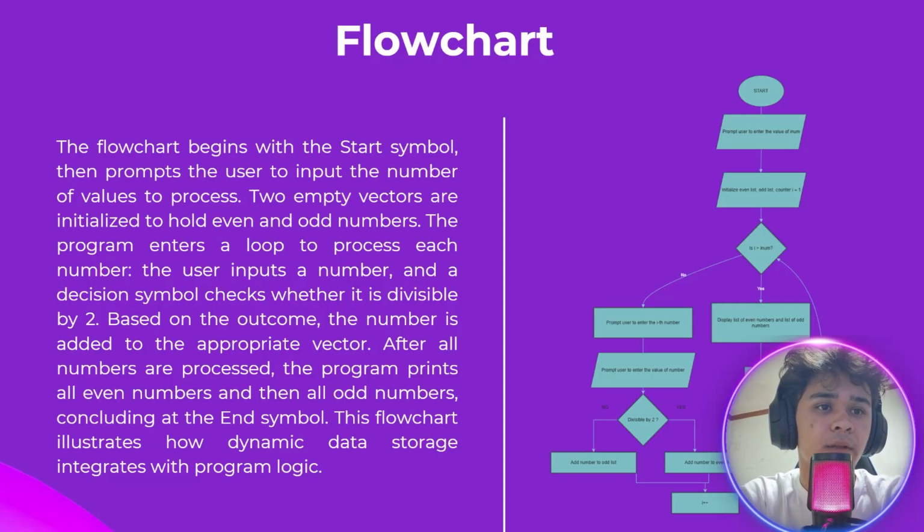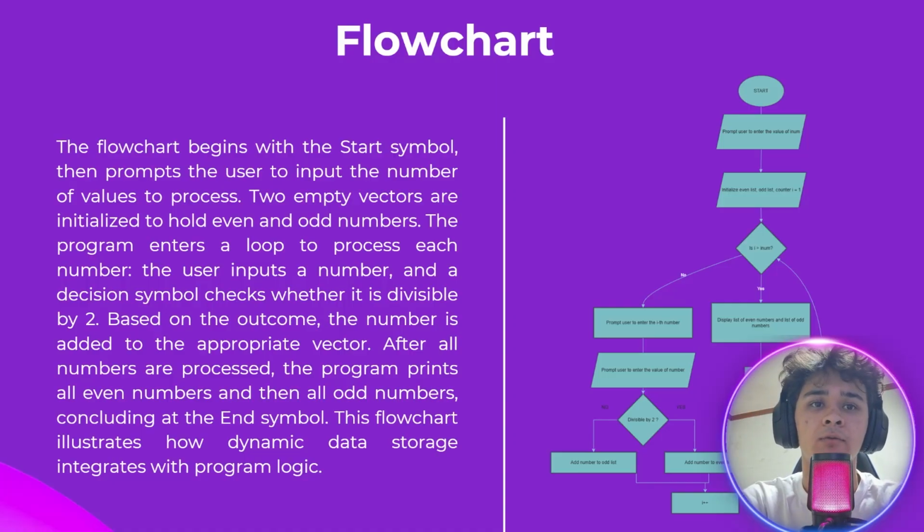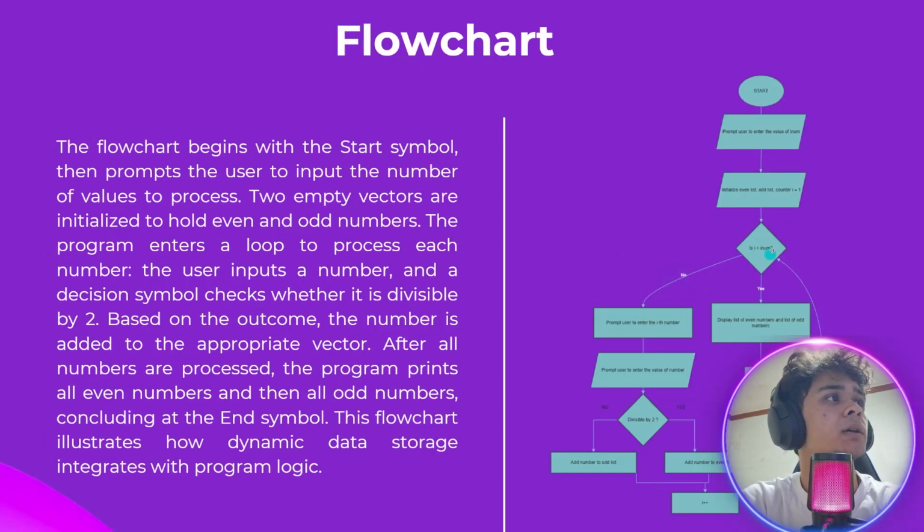As you can remember, first the user inputs how many times our loop will work. So here on the fourth step, it checks if the number of iterations of the loop is greater or less than the number the user inputted first.